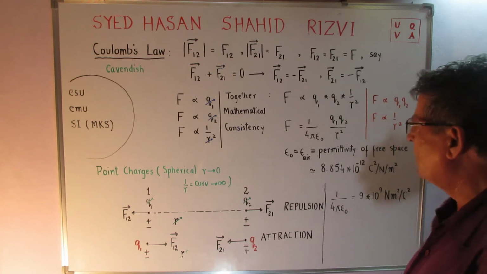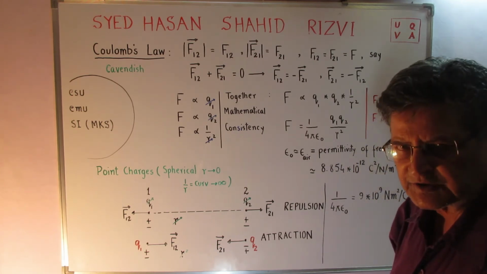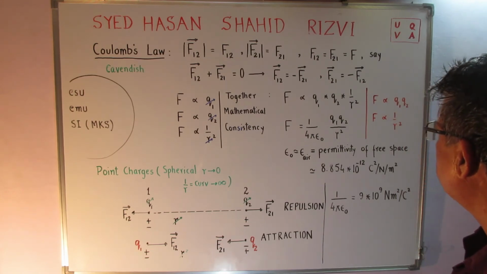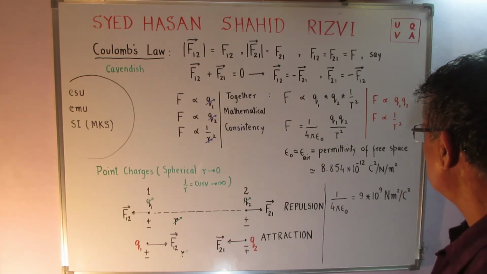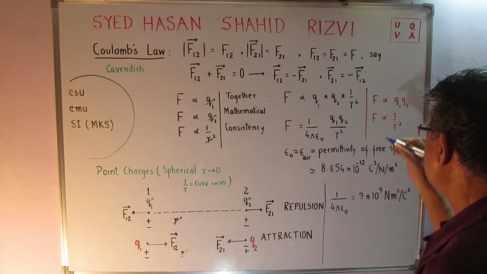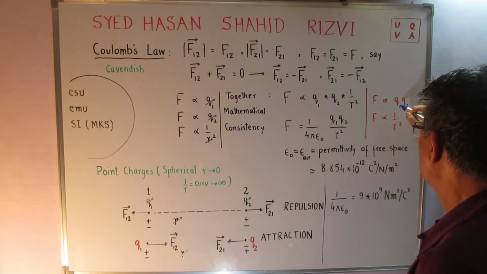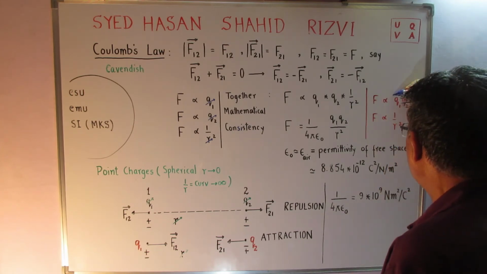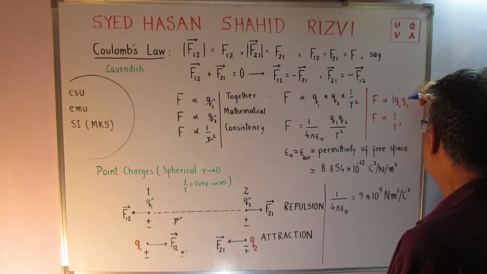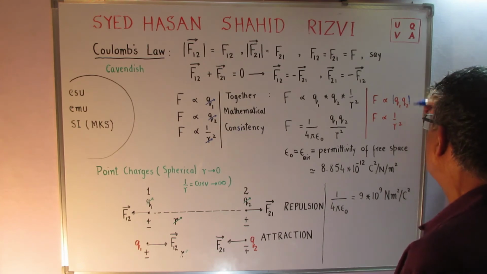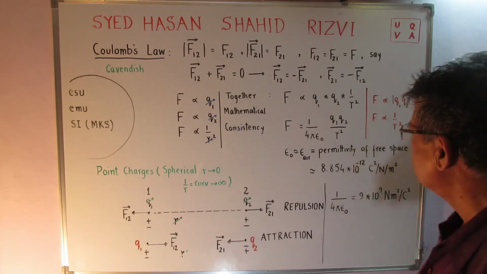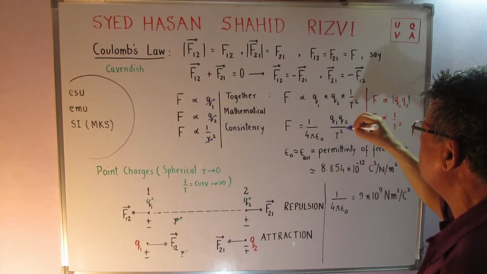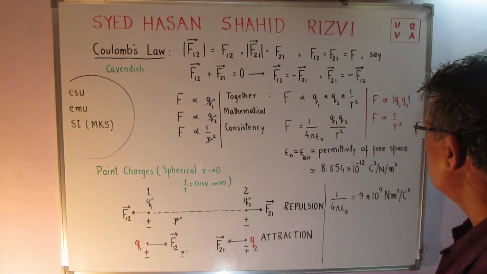Let me finish it, then I will tell you that in some texts, some of the gentlemen and fair ladies who write the books and teach you, say that F is proportional to Q1, Q2, and F is proportional to 1 upon R square, and then they write this equation.